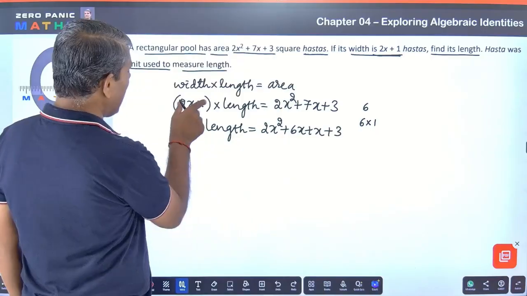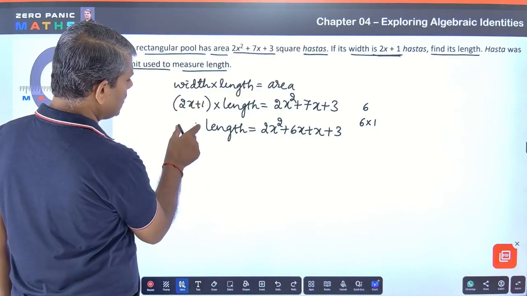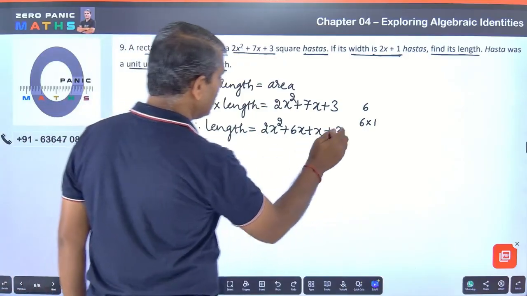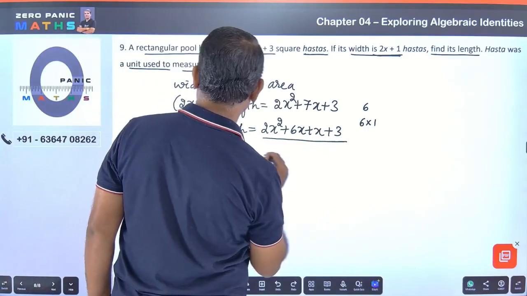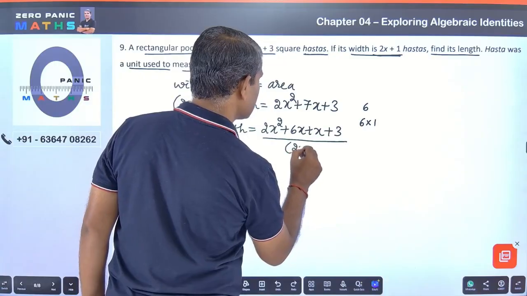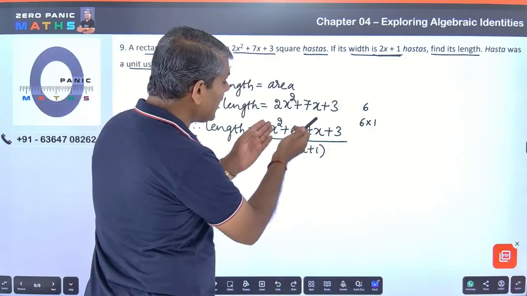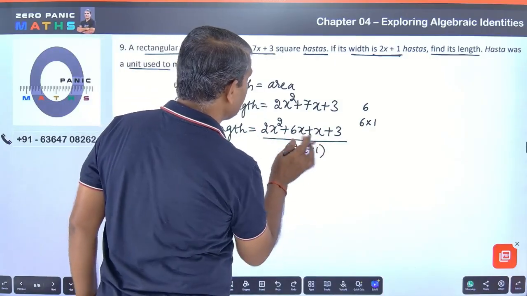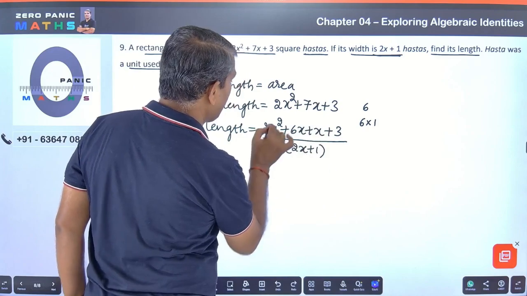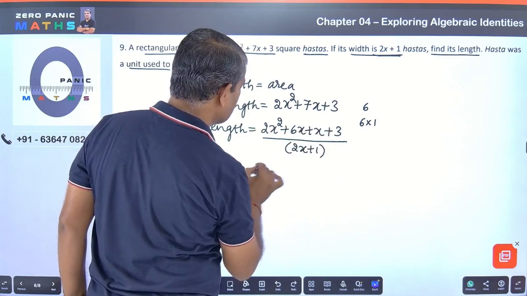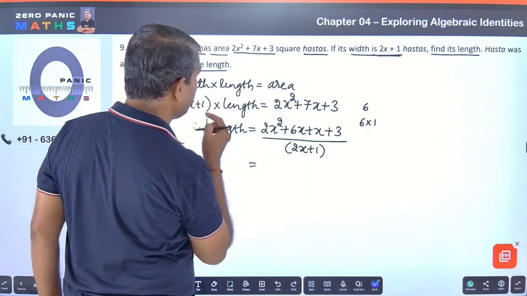And I will take this 2x plus 1, which is width. Because I want length, I will take it to the denominator as 2x plus 1. So this is like solving an algebraic rational expression, where any of these factors in the numerator will get cancelled by the denominator, so that we will get the length.